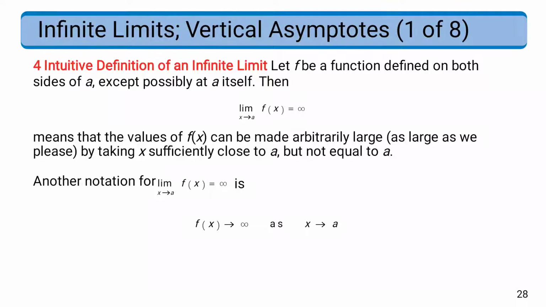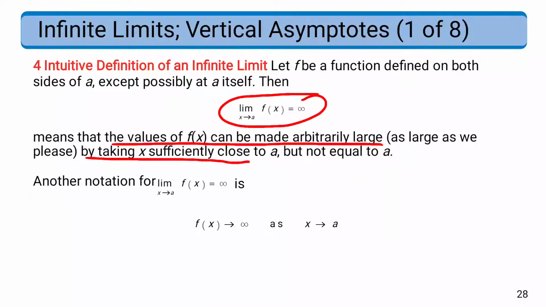So we can define a new concept here: the limit of f of x is infinity as x goes to a, meaning the values of f can be made arbitrarily large by taking the values of x which are very close to a.